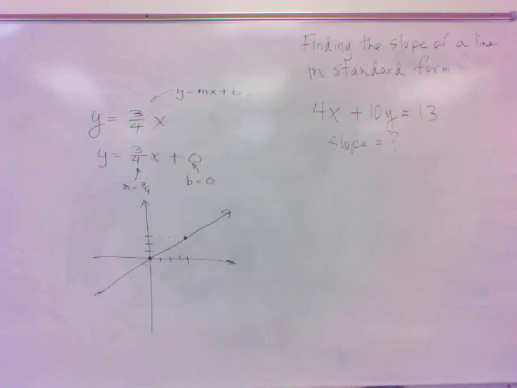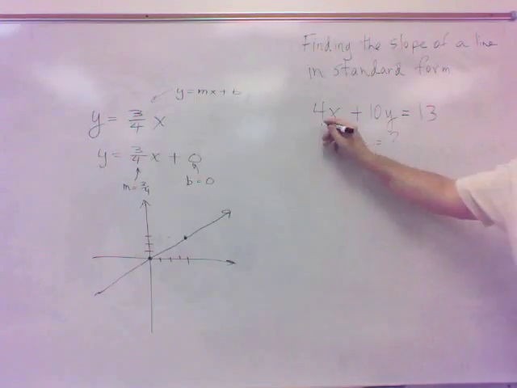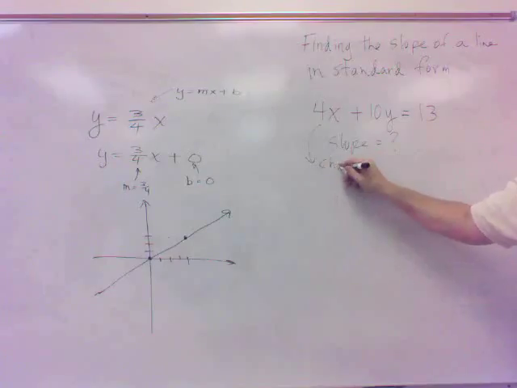Well, different ways we could do that. I mean, we could go through the whole slope formula thing, but that would mean we'd have to get 2 points and we'd have to go through the slope formula. Now, the easiest way to do this one is to change this form to slope-intercept form.